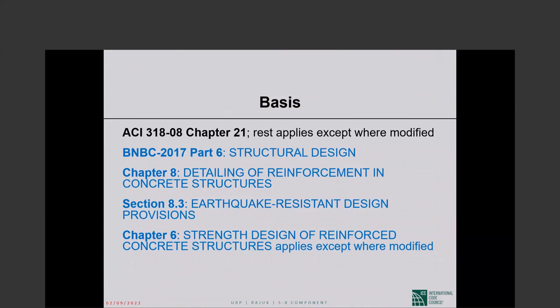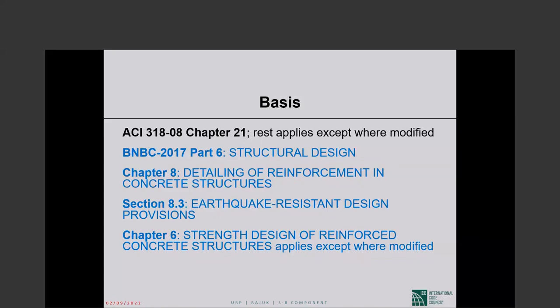The rest of ACI 318 remains applicable unless something is modified specifically in chapter 21. And one such example is development of hooked bars at exterior columns. The chapter 12 requirement is modified in chapter 21. And in that case, the chapter 12 requirement doesn't apply. What applies is the chapter 21 requirement.